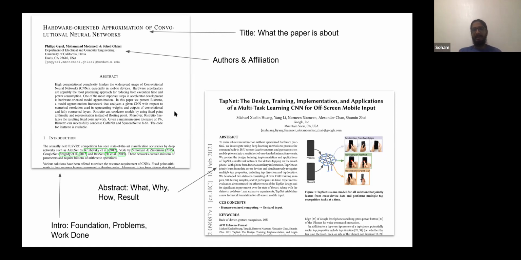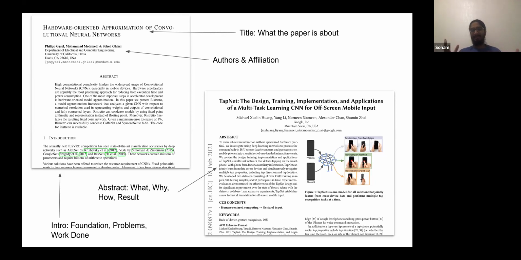And finally, you'll have an abstract. An abstract is one of the most important parts of the paper, because it tells you what the paper is about, why the authors wrote the paper, how they went about doing the things that the paper is about, and the results.